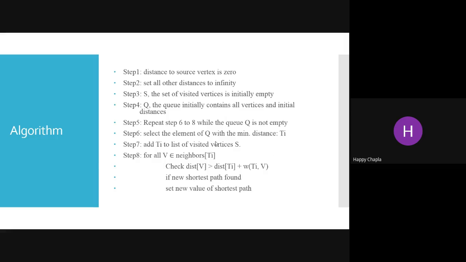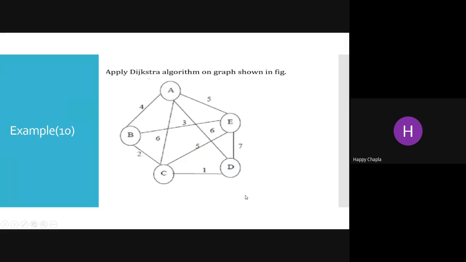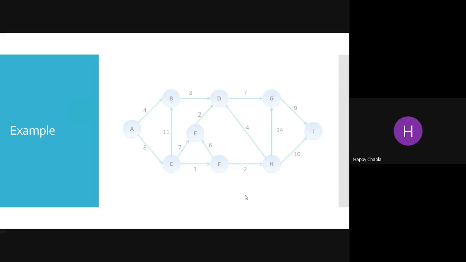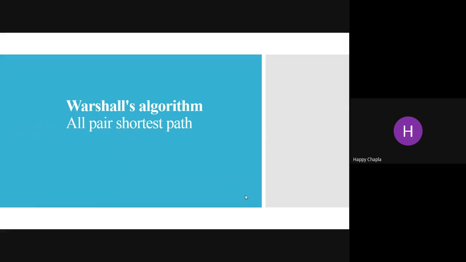That's why we check whether the distance of V is greater than the distance of the source node plus W of Ti, V. Okay, we have to check whether the whole total is greater or not. Now if a shorter path is found, then set the new value of the shortest path. Otherwise discard that node simply and print it on the screen.